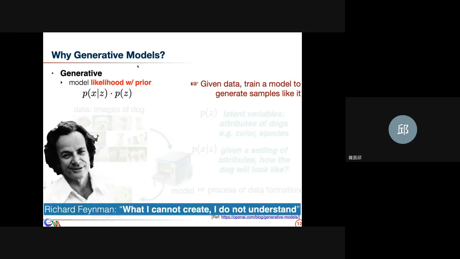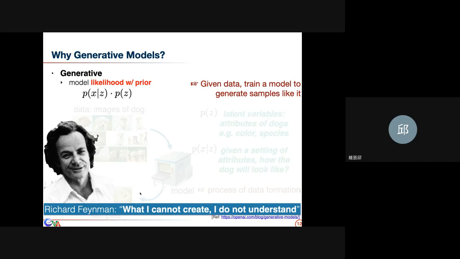But why do we need such generative models? I would like to quote from Richard Feynman: what I cannot create, I do not understand. Try to imagine that if you want to make an animation, or a cartoon, then you need to have full understanding about the characters.